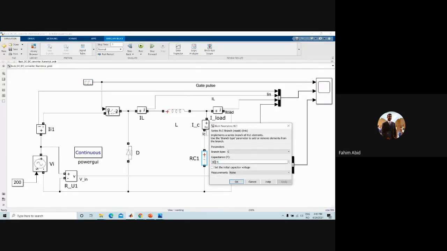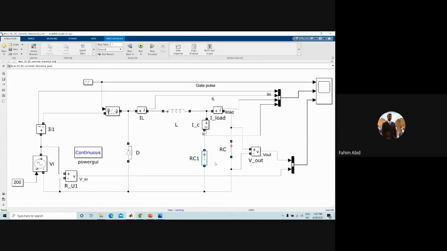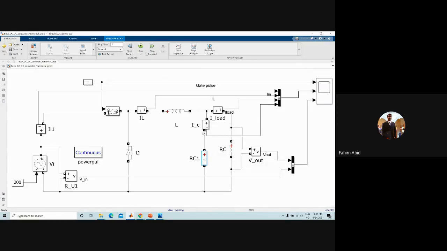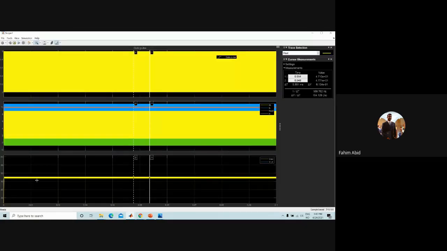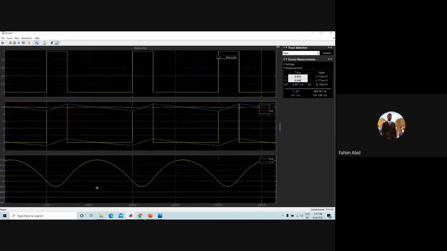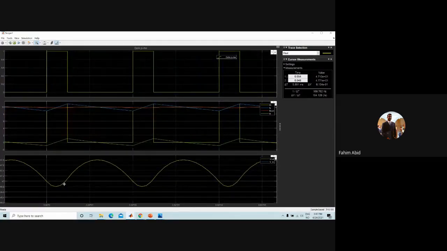If you reduce the value of the RC, you will also see a change in the ripple. If you reduce the value of the RC and run the simulation, you can see that this is the ripple content, and it's pretty high.